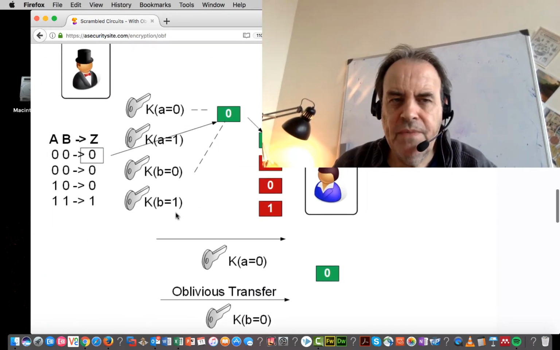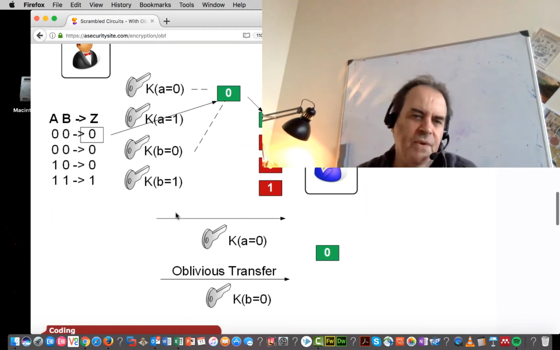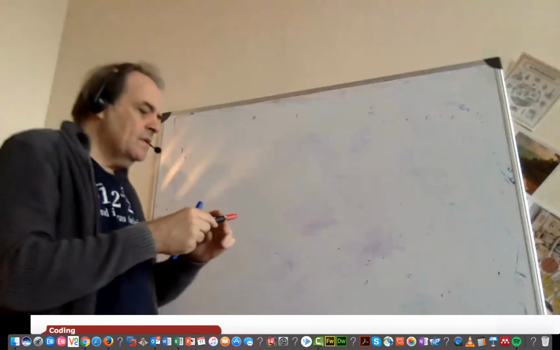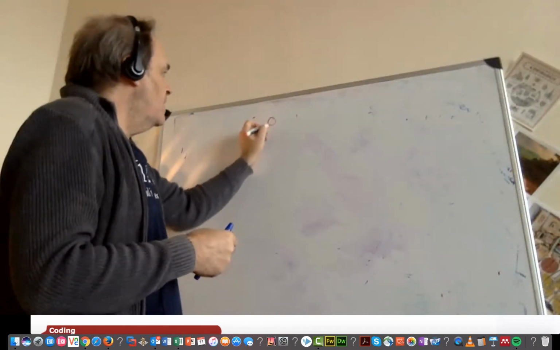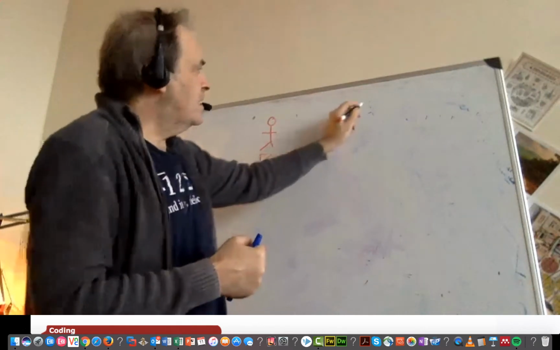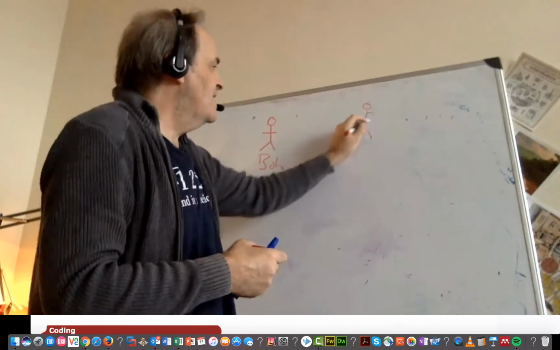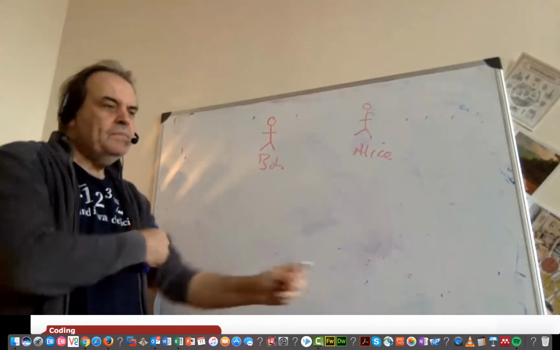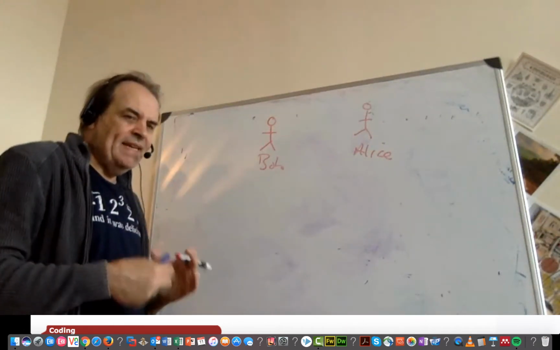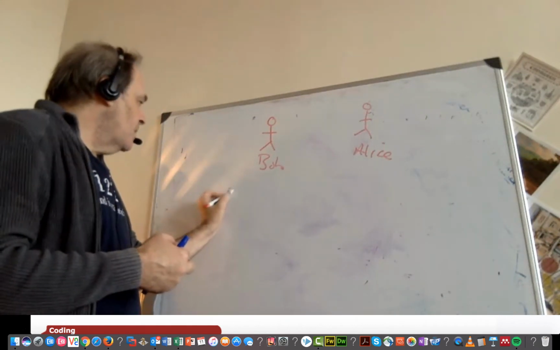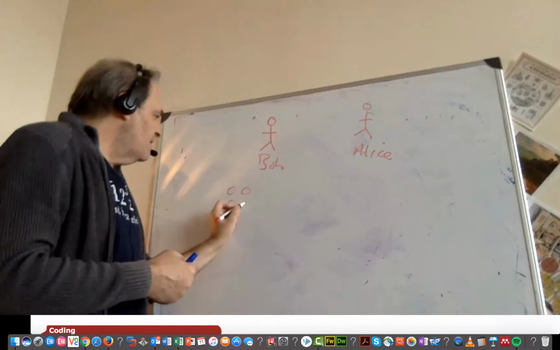Okay, so this is the basic model that we're actually going to use for it. So we have Bob and Alice here. We can create any logic that we can, but we'll keep it quite simple just now. So what we'll have is an AND function.